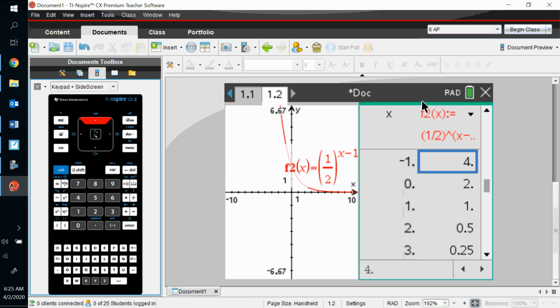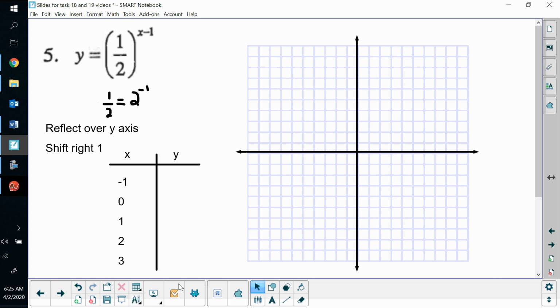The whole idea of shifting the middle is so the numbers don't become too small or too big, which would make it hard to plot. So we're going to have 4, 2, 1, 1/2, and 1/4.